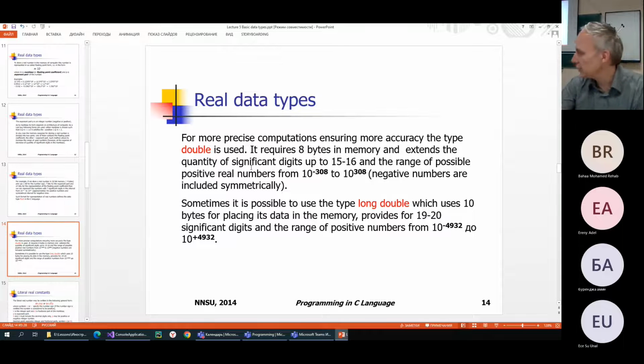The next type in C and C++ is double. Double has 2 times more digits in the fractional part in comparison with float, and it represents real numbers twice as precisely.